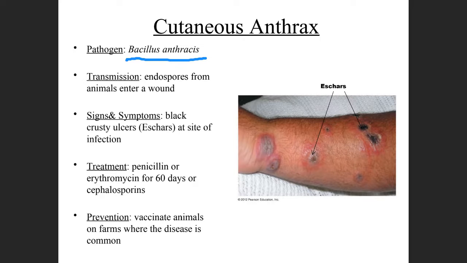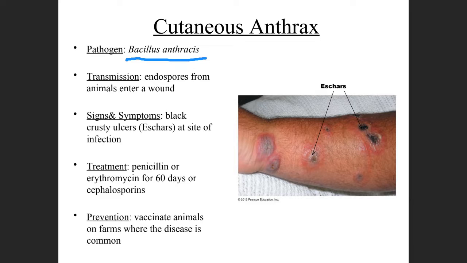In other words, if you were exposed to the endospores from anthrax, the most likely type of anthrax that you would get is the skin form, especially if you have wounds on the skin and those endospores get into the wounds. It's a very, very infectious disease, more than the pulmonary one.